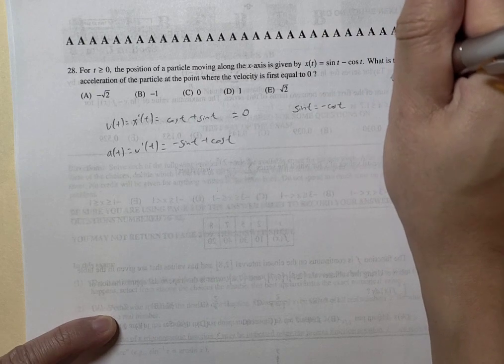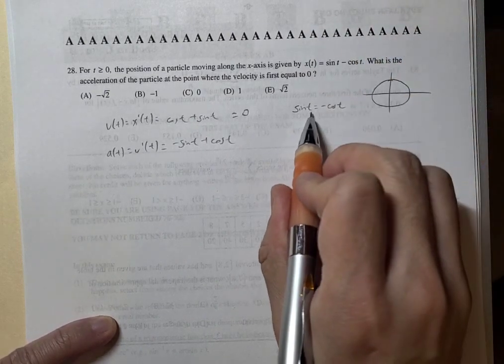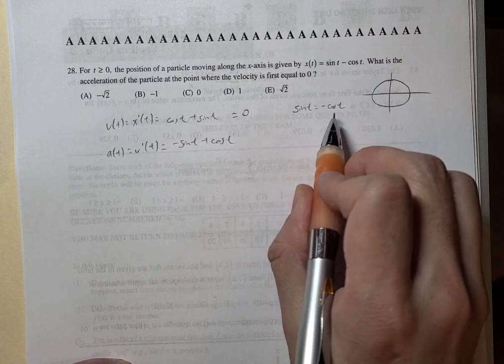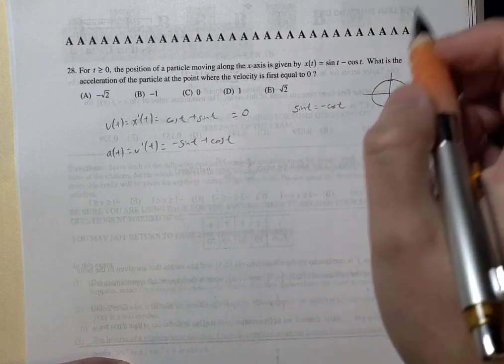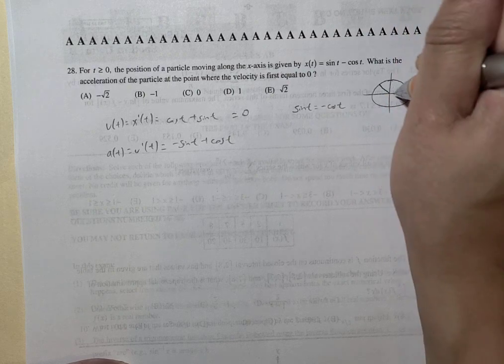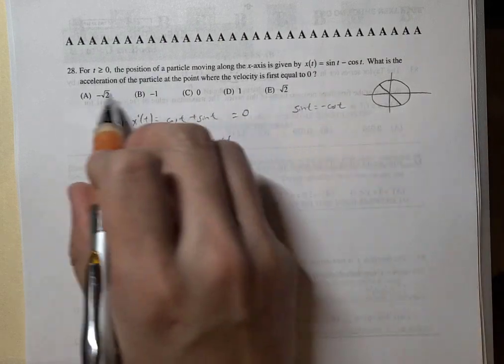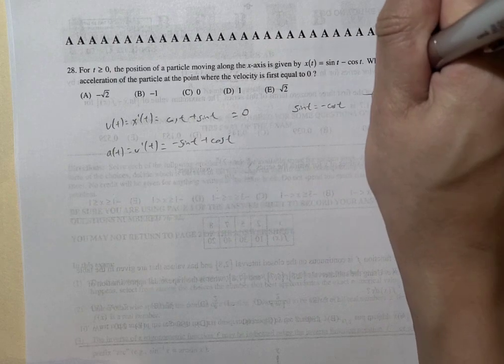Well, if you remember our unit circle, sine t is negative cosine t, so the sign of x has to be different than the sign of y. Remember, sine is y and cosine is x. So it would have to be somewhere in this quadrant or this quadrant, right? And if we're going from t greater than 0, we'll go this way. So this would be the point.